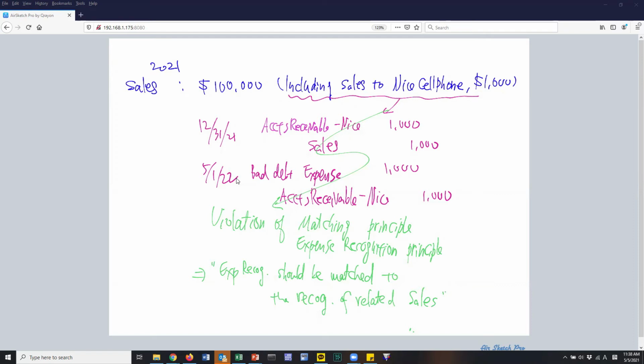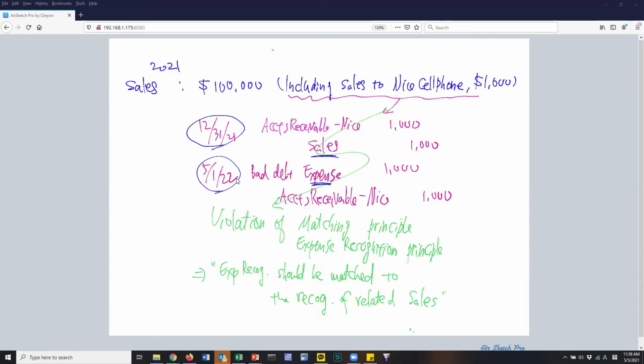What you see here is the timing of sales is as of December 31st of 21, meaning in the fiscal year of 21, but the timing of the related expense, right? The timing of the related expense is May 1st of 22, which is Sean's 2022 fiscal year, right?